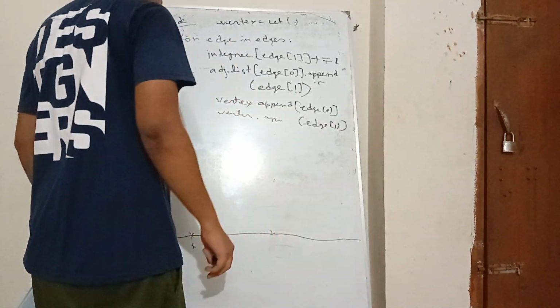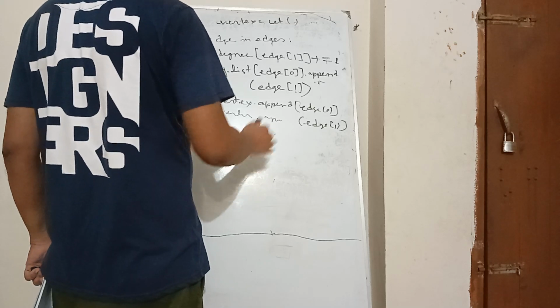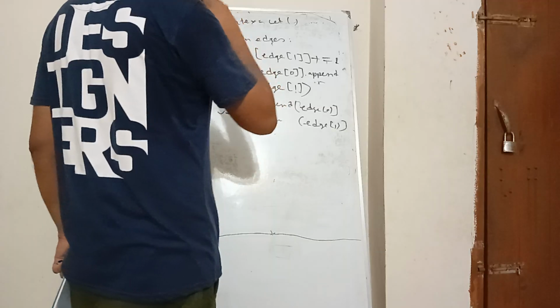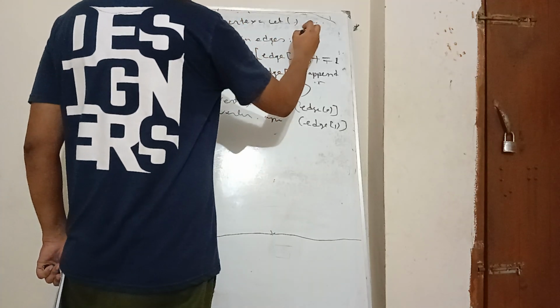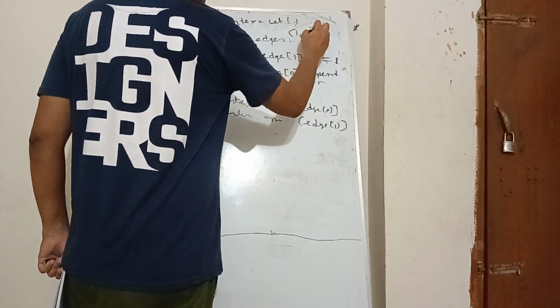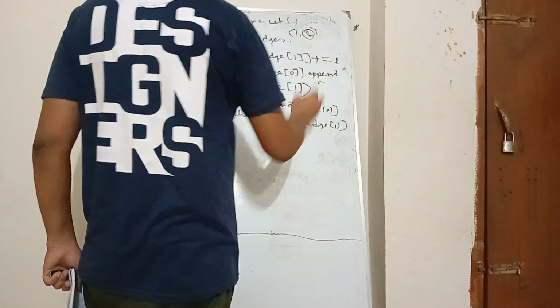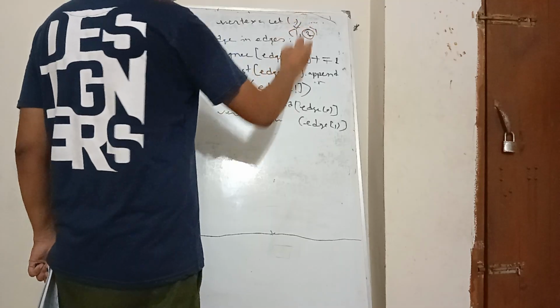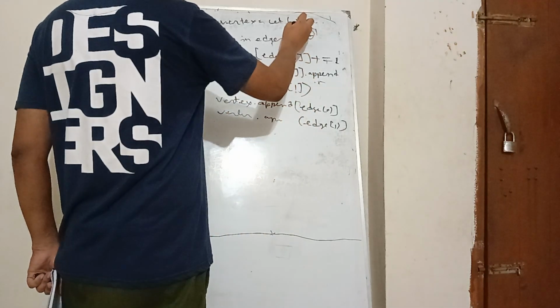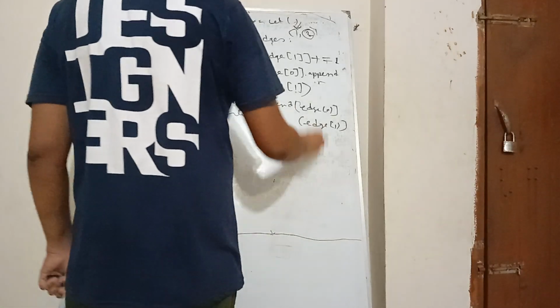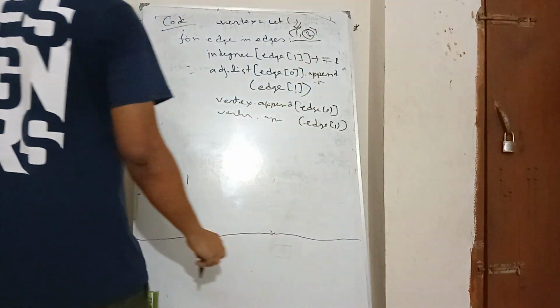Now, in degree contains, while doing this, only the second vertex of each edge is counted because it has in degree, but the first vertex may not have in degree. So we have to find all the vertices that have in degree 0.